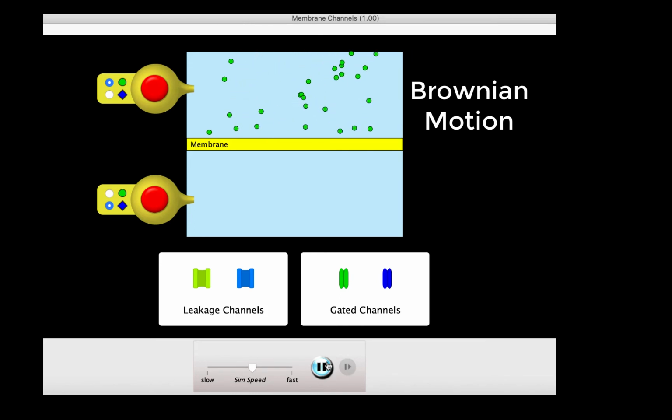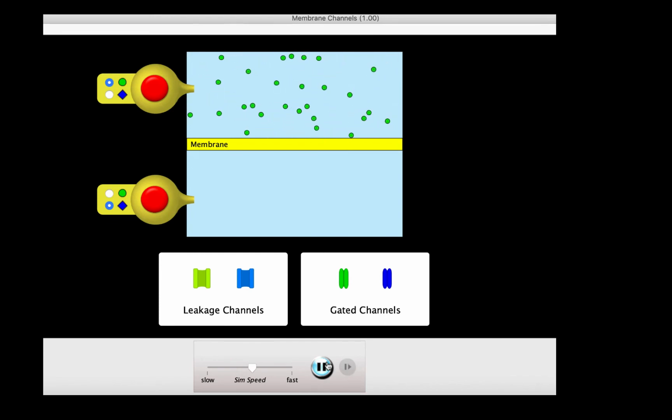So they're all moving randomly. We couldn't track any individual molecule, but we can make the statement that the molecules are moving from high to low concentration because the majority of them will be moving in that direction. However, if we leave it long enough, you'll notice that the molecules become evenly distributed.